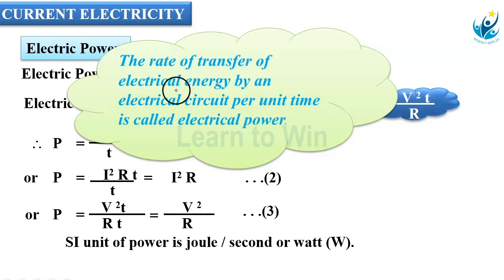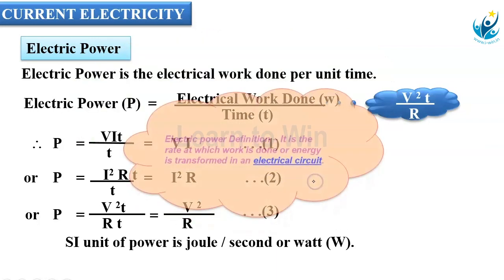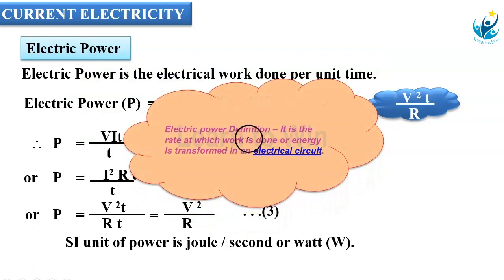That rate of transfer of electrical energy by an electric circuit per unit time is called the electrical power. Electric power definition: it is the rate at which work is done or energy is transferred in an electric circuit.